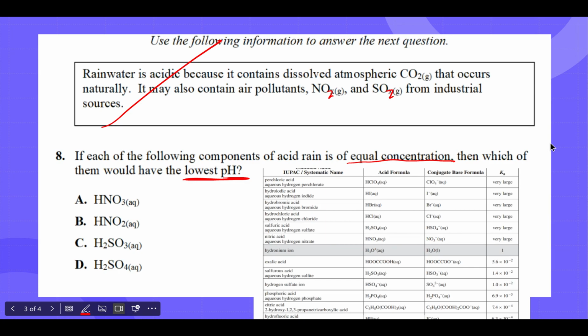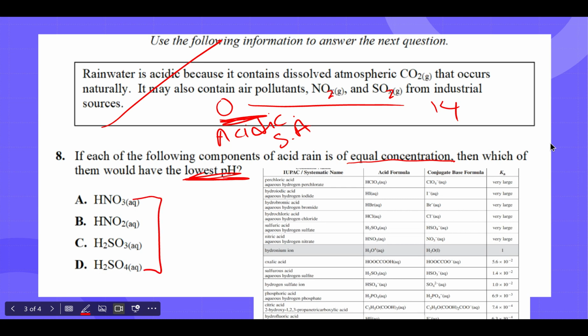Remember with pH, you're going from 0 to 14. If you want a low pH, you want to be closer to 0 to be more acidic, and for that to happen, you have to be a stronger acid. So we take a look at these options and want to see which one is the strongest. HNO3 is placed right here, and that one's pretty strong.